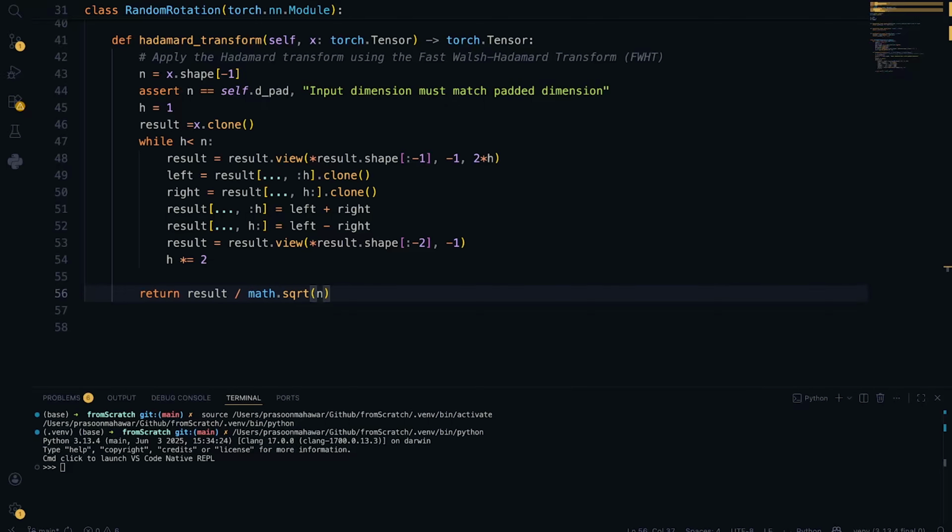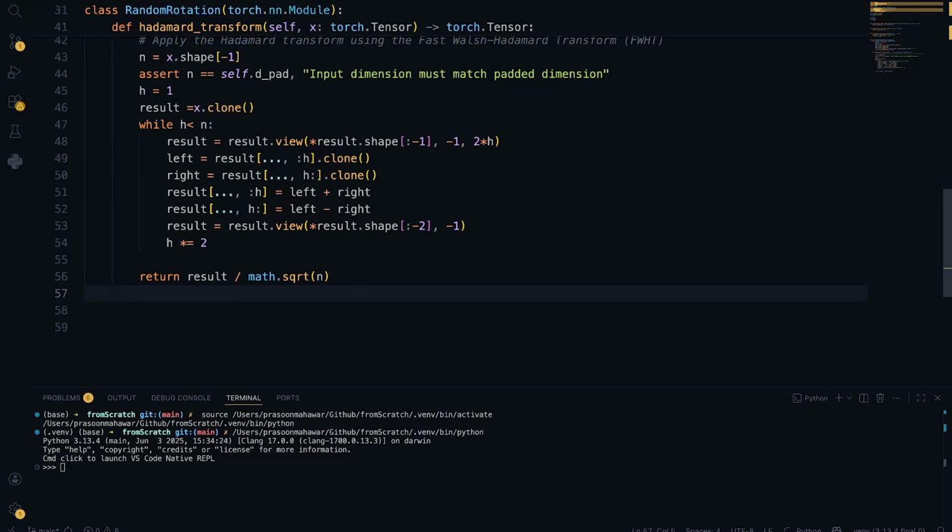Okay, so this was the Hadamard transformation algorithm. You can read more about it on the internet, like what it does.